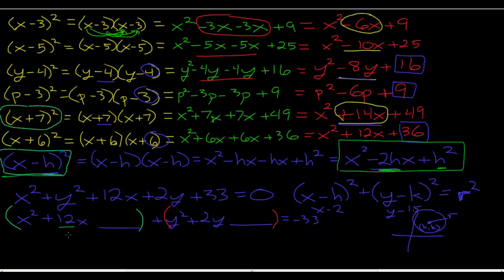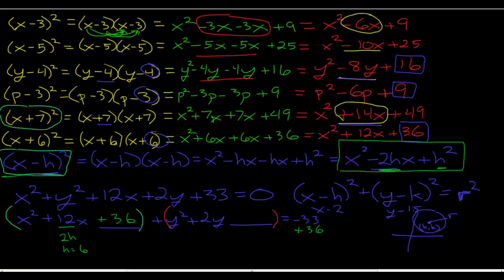Hopefully you're all screaming at the computer monitor that it has to be 6, because this is 2h. So in this case, h equals 6. And so then 6 squared, 36. If we want to make this a perfect square, don't we have to add in 36, because that's h squared? But since we have an equation, can we just add 36 here and not do anything else? No, we also have to add 36 over to the other side of the equation.